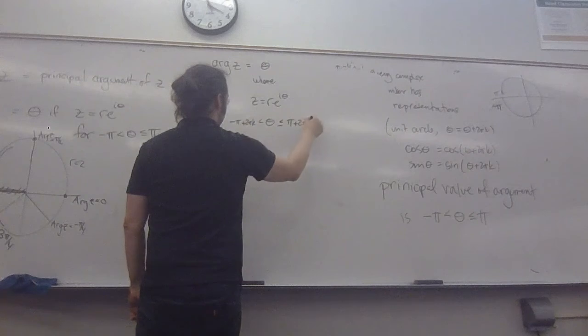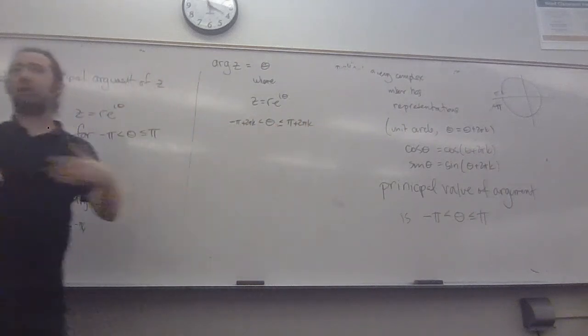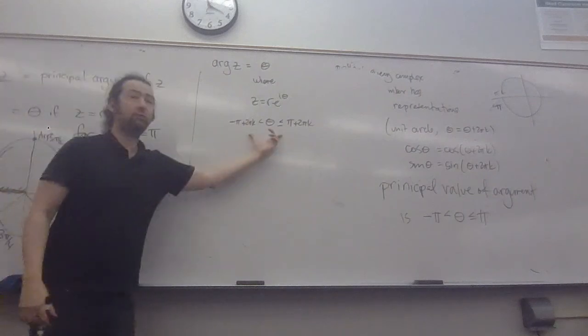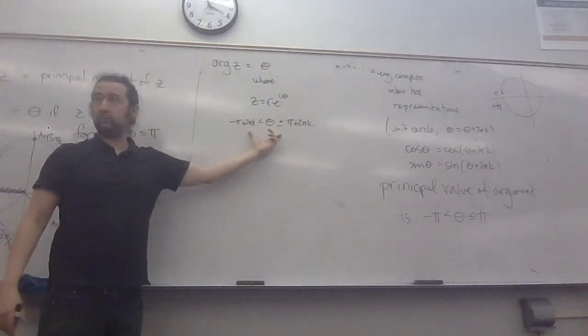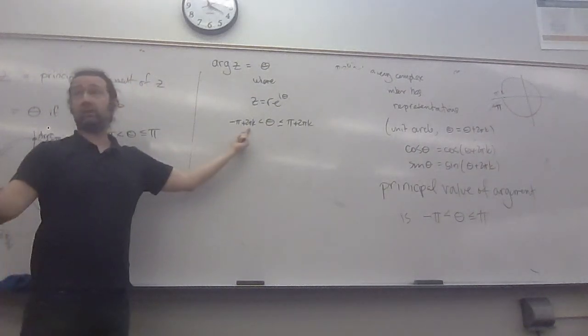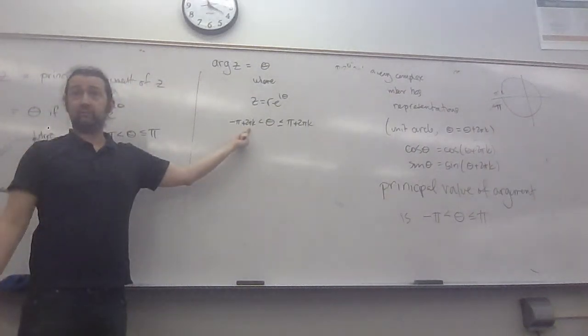So some rotation of the plane. There's an infinite number of argument functions based on which values you've chosen to work on for angles. And really, as long as this range is 2 pi long, it doesn't even matter if k is an integer. You can rotate it wherever you want. That's the first thing.